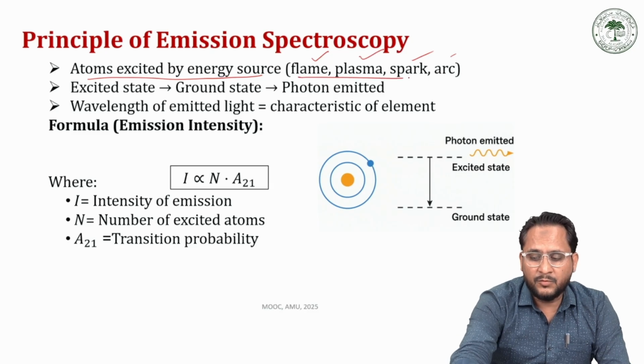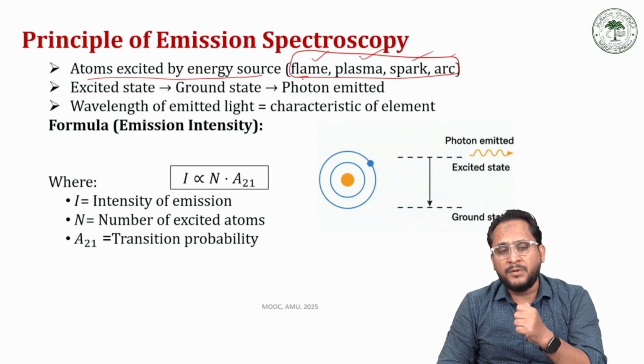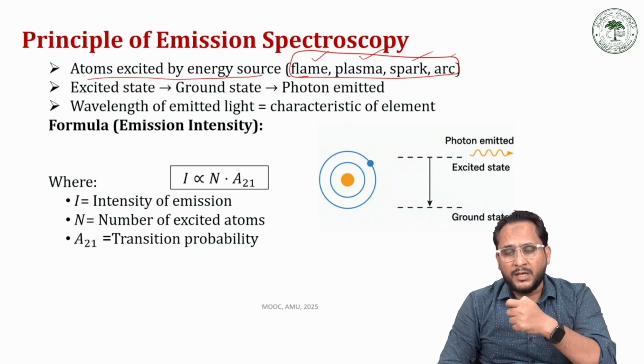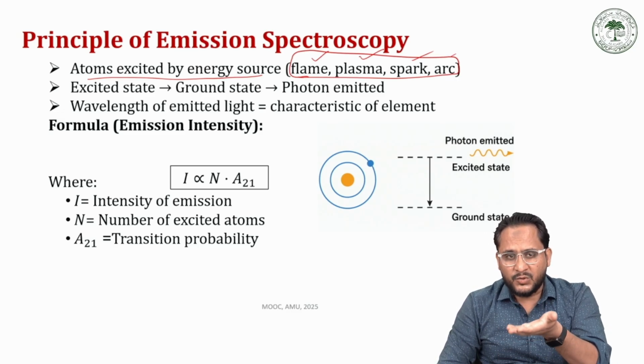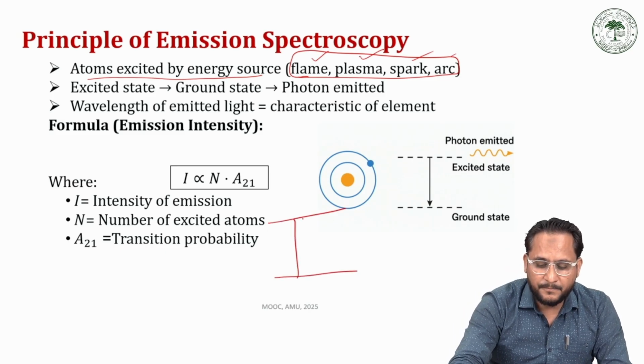These are a few possible ways of providing high energy to the sample, so that its atoms and molecules will absorb energy and transfer the electron from the ground level to the excited level.